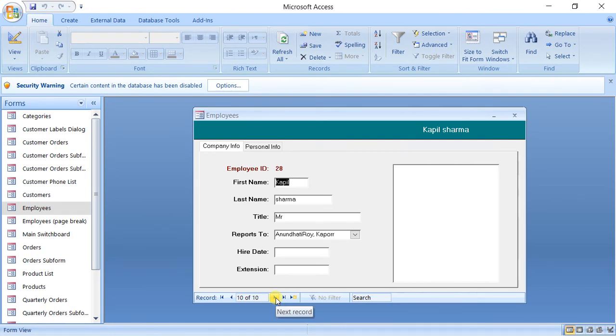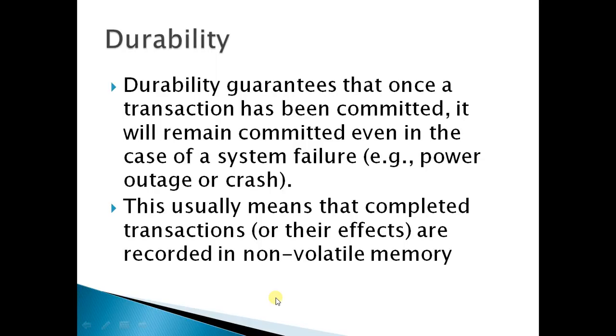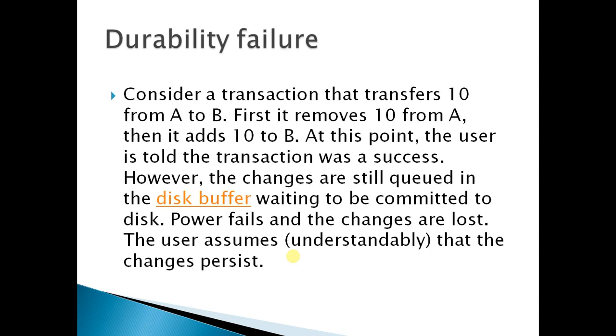Now how is this achieved? There are a number of complex techniques through which this is achieved. One of the simplest and most common techniques is the use of a log file, log tables, whatever you call it. Durability means that completed transactions are recorded in what I told you in the beginning, stable storage or non-volatile memory. Now try to read this paragraph.